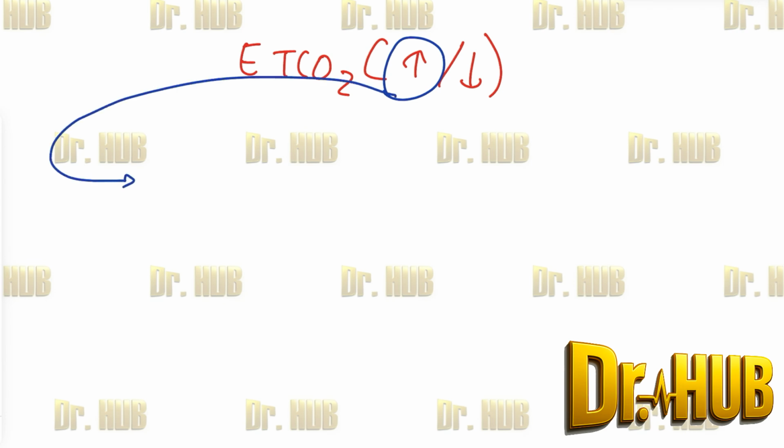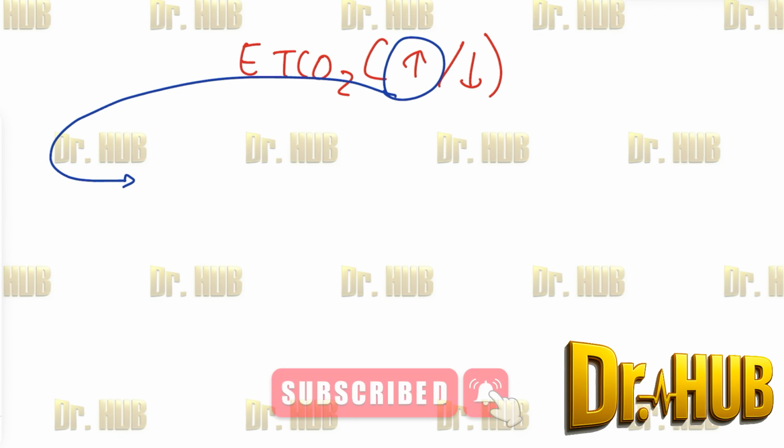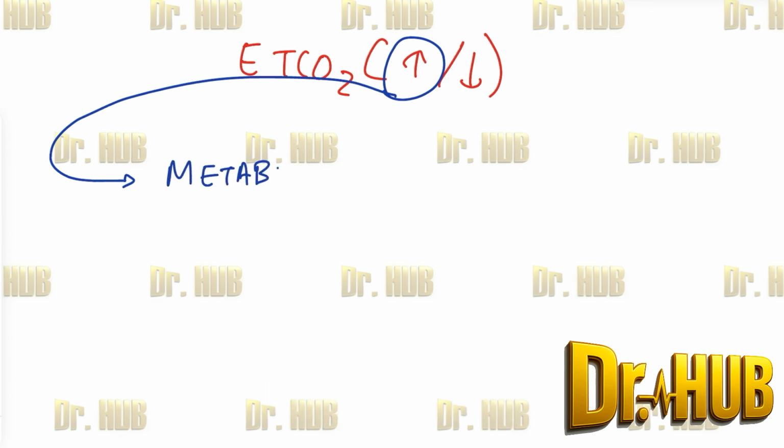Now we're going to look at the ETCO2, and conditions where it is increased and conditions where it is decreased. So first we'll look at the increased conditions. In case of the increased conditions, talking about metabolism, there is hyperthermia.